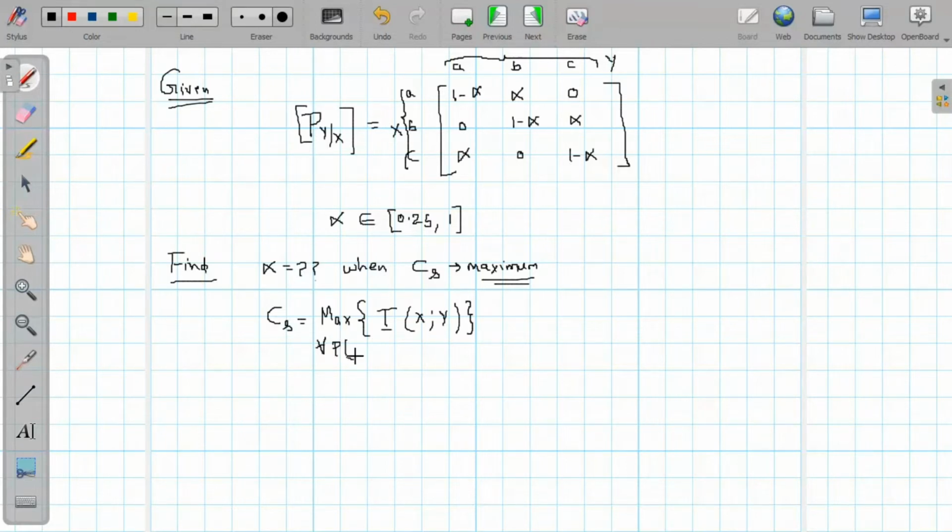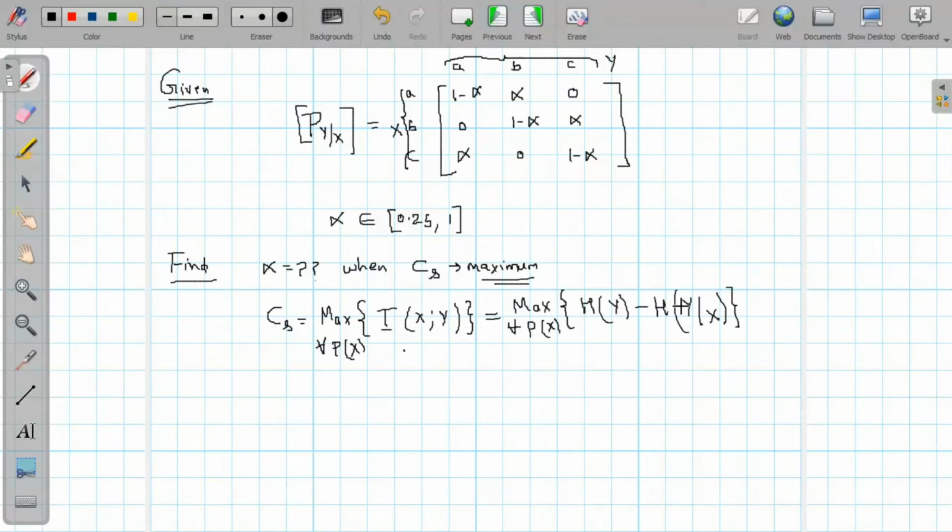Since this mutual information is equal to entropy of Y minus entropy of Y given X, we can write it as maximum value for all probability distributions of input of entropy of Y output minus entropy of Y given input X.